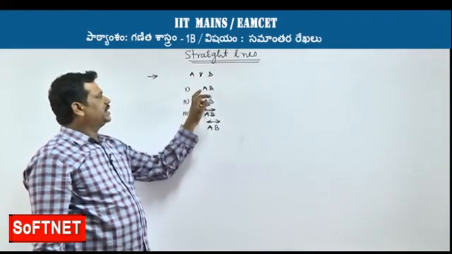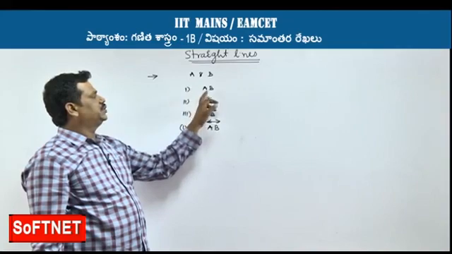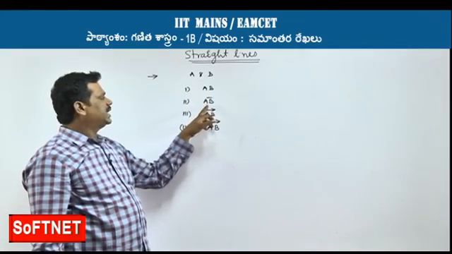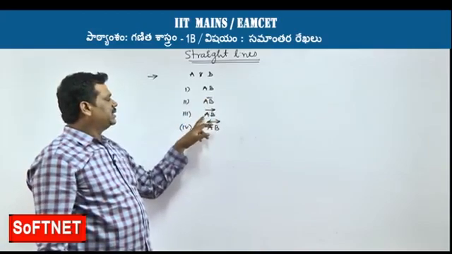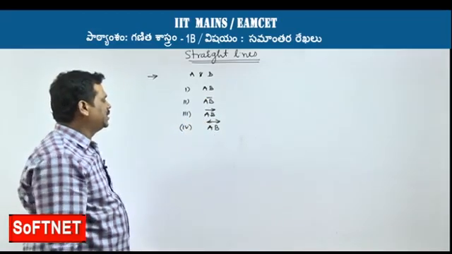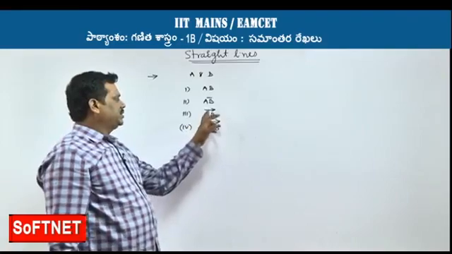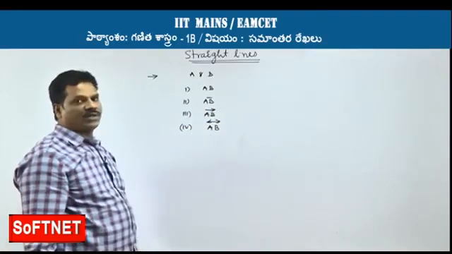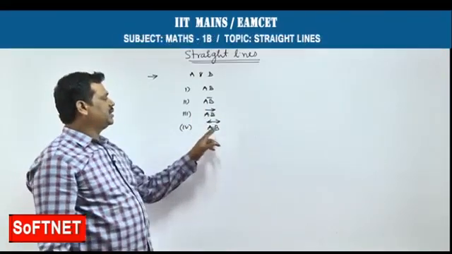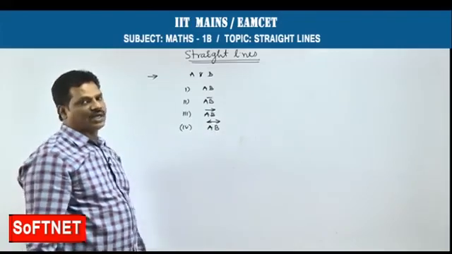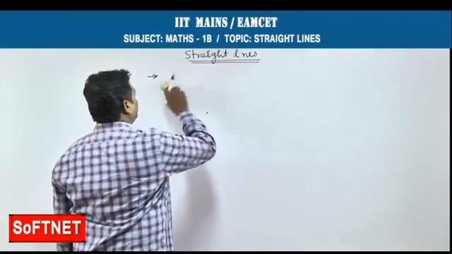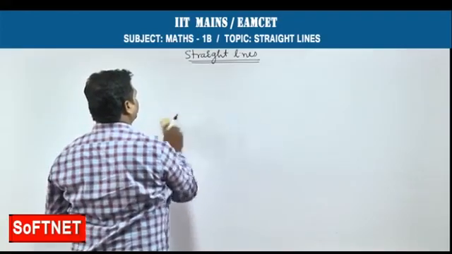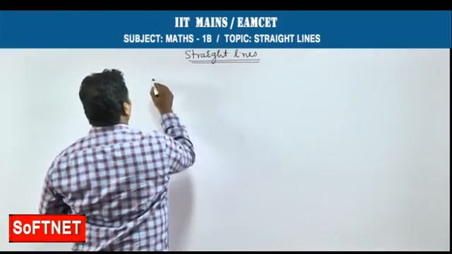Then the distance between two points is denoted by AB. The line segment joining two points is denoted by AB bar, and the ray from A to B is denoted by AB ray, and the straight line passing through given two points A and B is denoted by AB straight line.